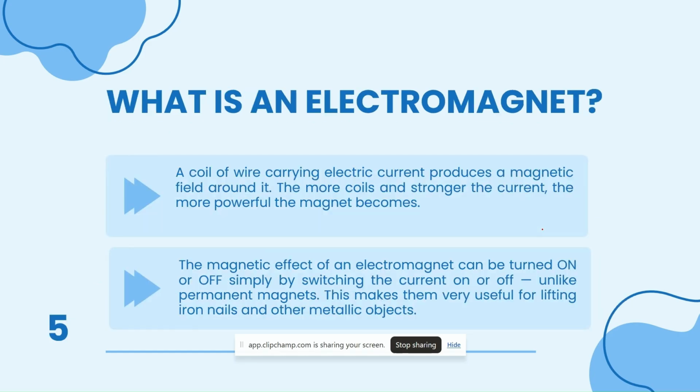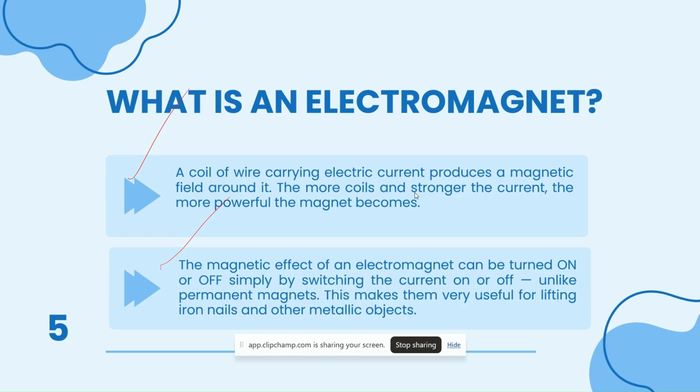The next thing is, what is an electromagnet? A coil of wire carrying electric current produces a magnetic field around it. The more coils and the stronger the current, the more powerful the magnet becomes. The magnetic effect of an electromagnet can be turned on or off simply by switching the current on or off.